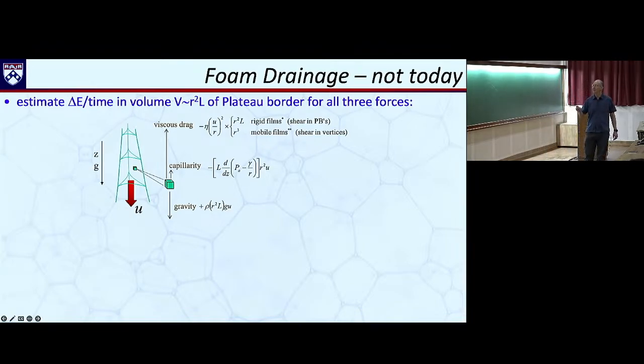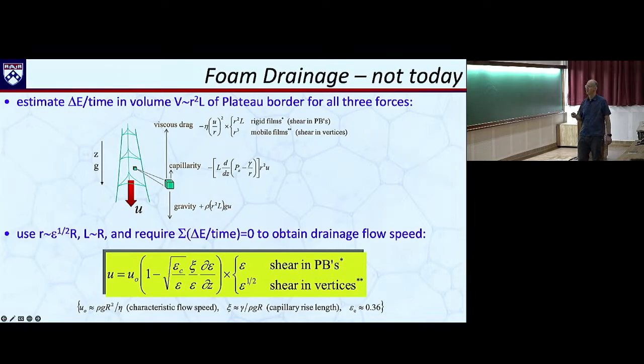Anyway, the idea is then we want to make sure that all energy is accounted for. So the total sum of power must be 0. So we just basically add up these terms, set them to 0, and substitute in this equation from the last slide for the size of the plateau borders, and we get an equation for the speed of the drainage as a function of liquid content.